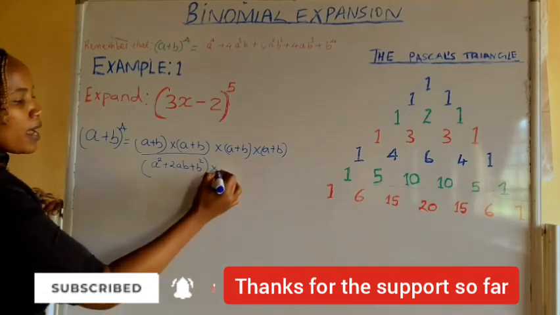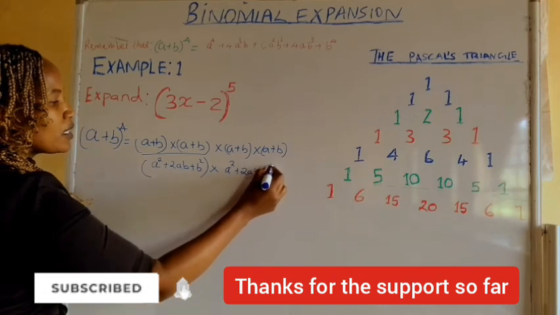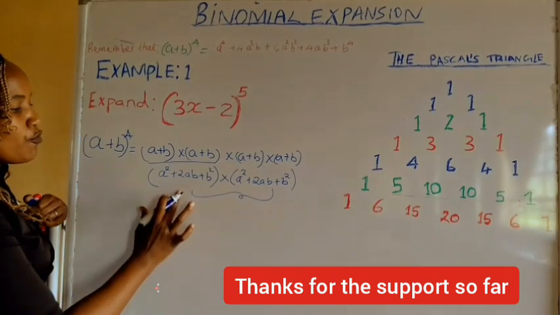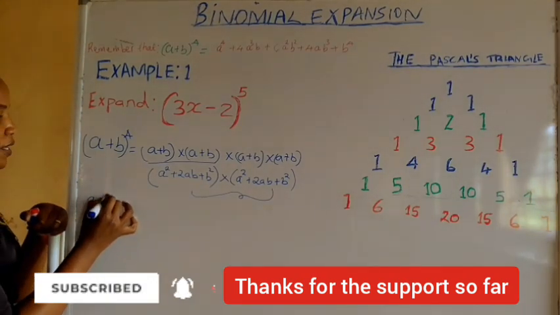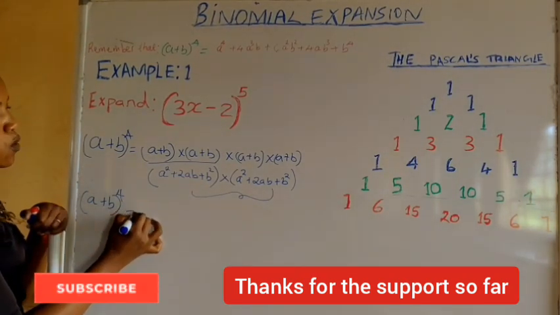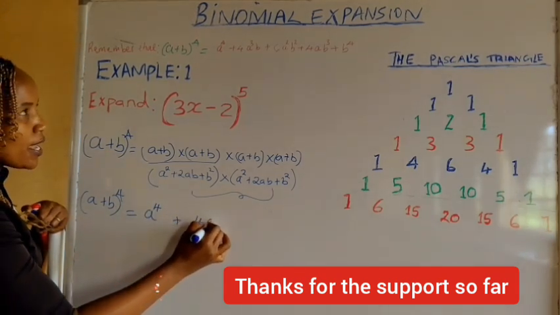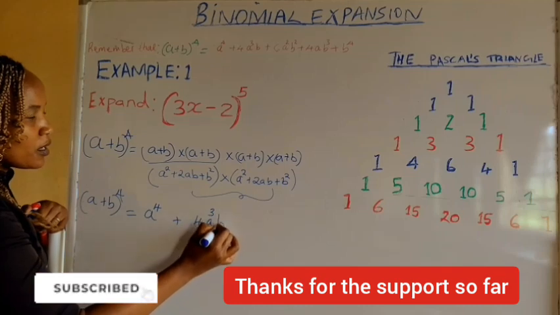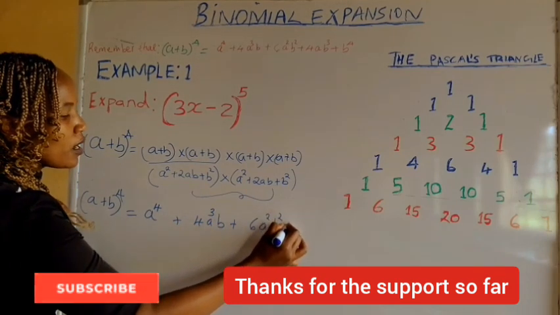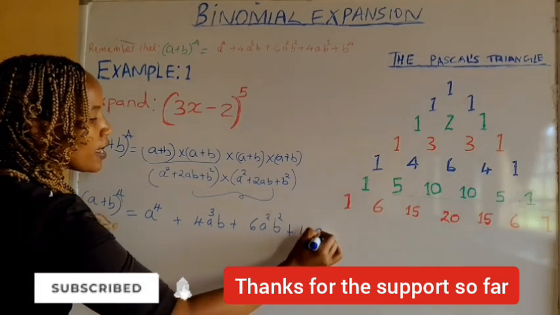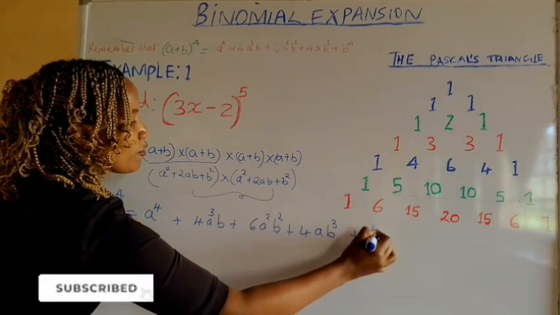Then you multiply A squared plus 2AB plus B squared. If you multiply these two, you are going to get that A plus B power 4 equals A power 4 plus 4A cubed B plus 6A squared B squared plus 4A B cubed plus B power 4.